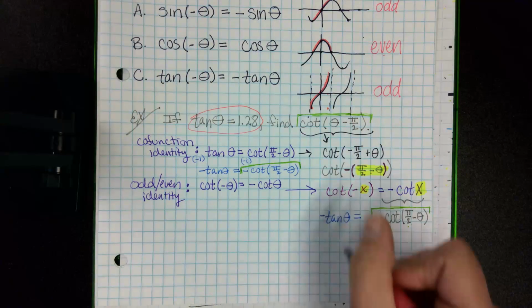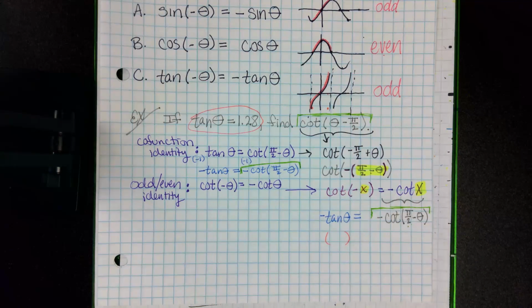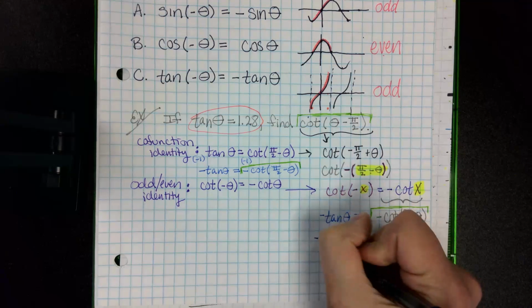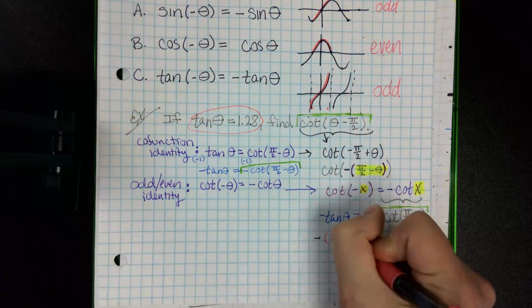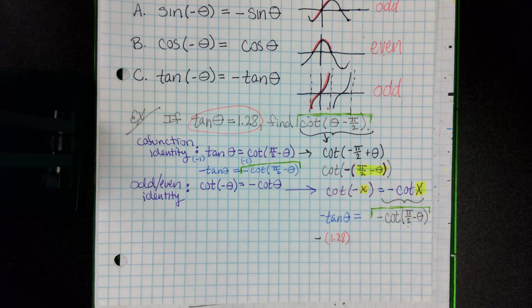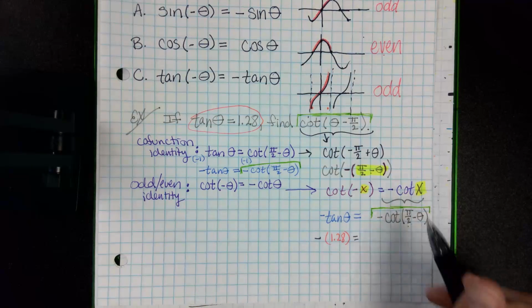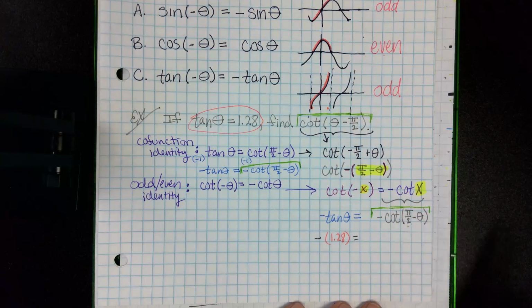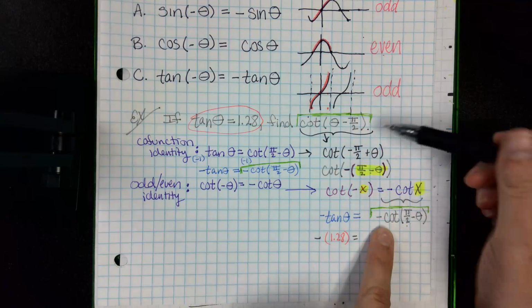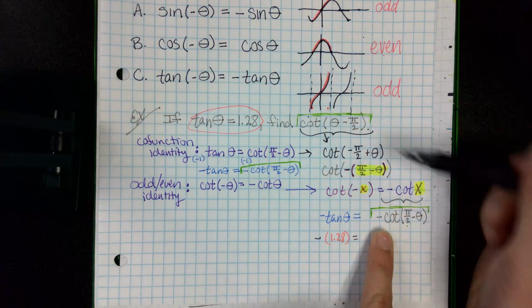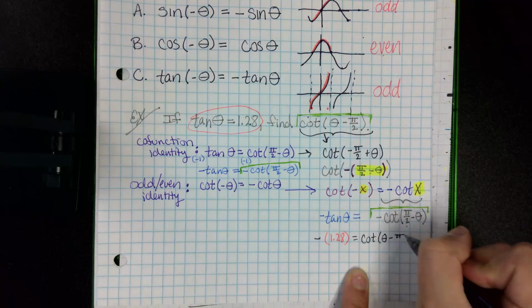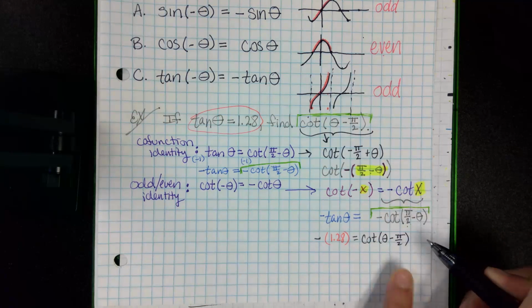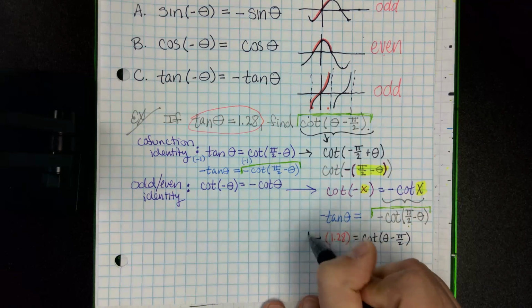So I'll put it in there. So negative tangent theta is 1.28, equals this. And I said that this is the same as that, right? Cotangent theta minus pi over 2. And that's what I'm told to find. So I found the answer.